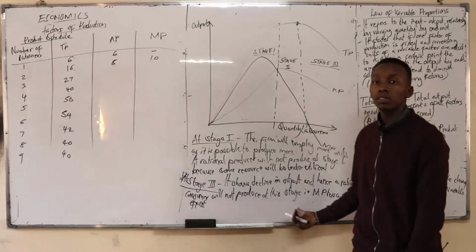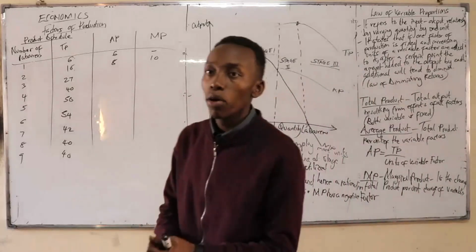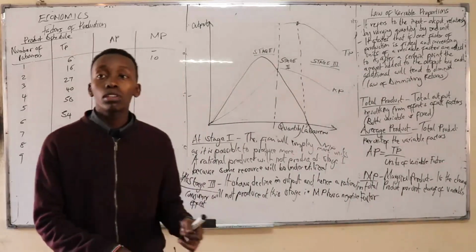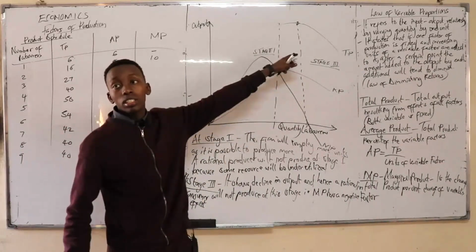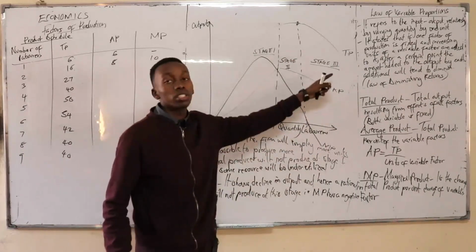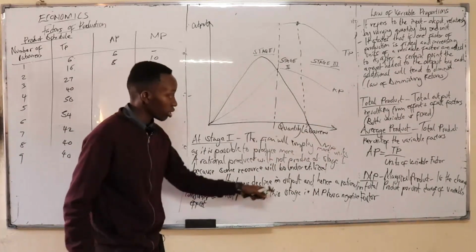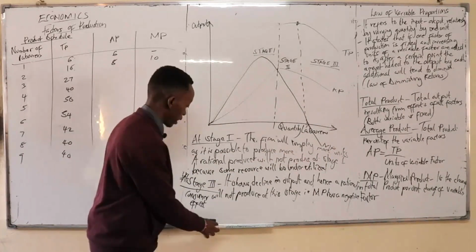When you say a marginal product has a negative effect, it means when you add more units, what happens to the total product? It reduces. As you add an additional unit, it reduces. So that is the concept of marginal product having a negative effect.